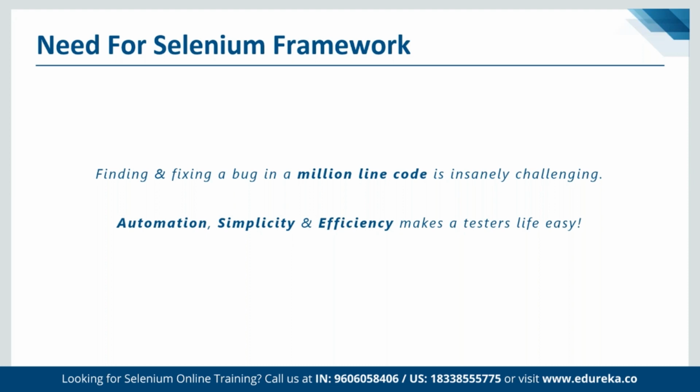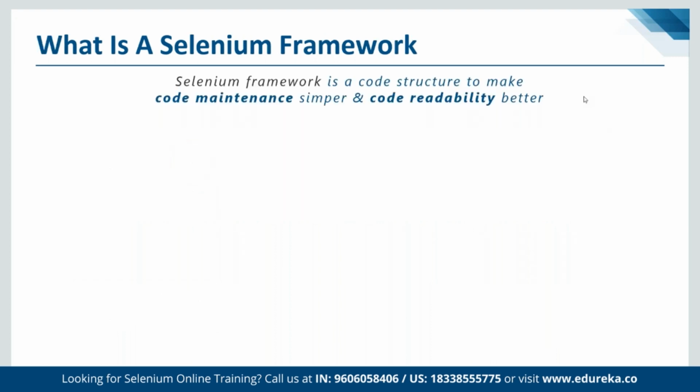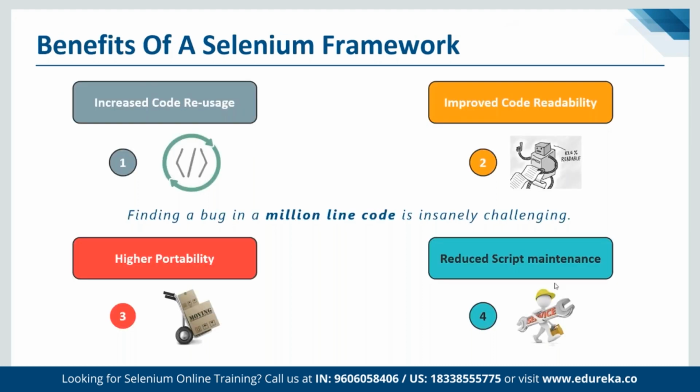Automation, simplicity, and efficiency make a tester's life easy. Why do we say this? Because when we talk about framework, it makes your code reusable. The benefit that we have with framework is code reusability. Then we have improved code readability. Now, when I say improved code readability, what do I mean by this?